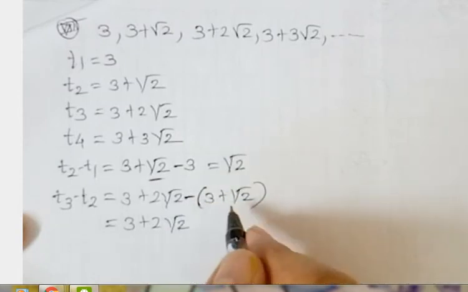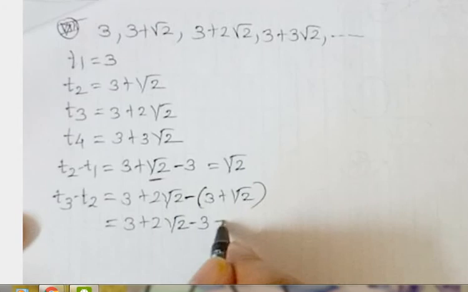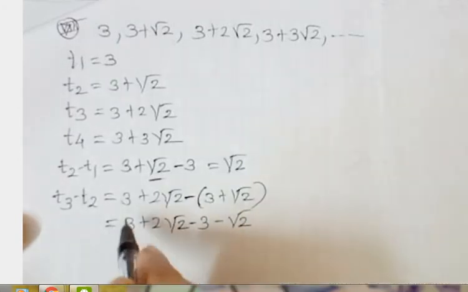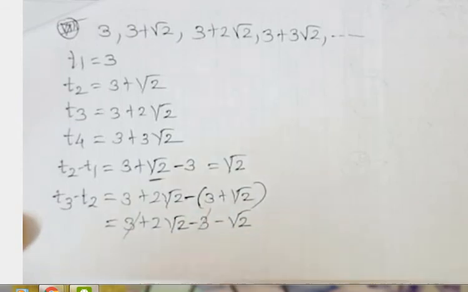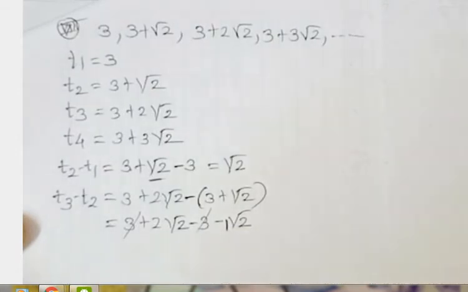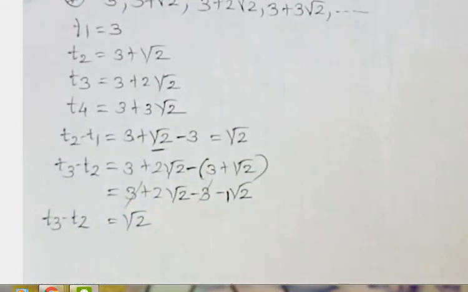Now minus sign outside the bracket, so the sign in the bracket must be changed. 3 plus becomes minus 3, plus changes to minus root 2. Okay, now see here 3 minus 3 gets cancelled. 2 root 2 minus 1 root 2 is 1 root 2, that is root 2, and that means t3 minus t2 is also root 2.